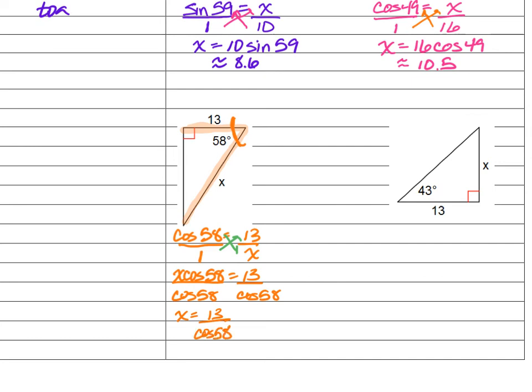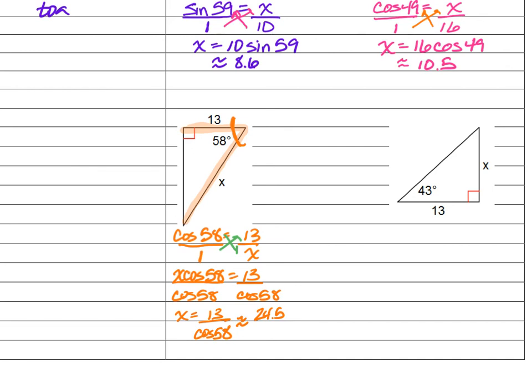Okay, you might want to play around with your calculator on how to put this one in also. And with your iPhone, you might have to use parentheses for that cosine of 58. So you might go 13 divided by parenthesis 58 cosine parenthesis and see if that works. I'm not sure if it's going to work any other way. And then approximately equal, because we're rounding, 24.5.